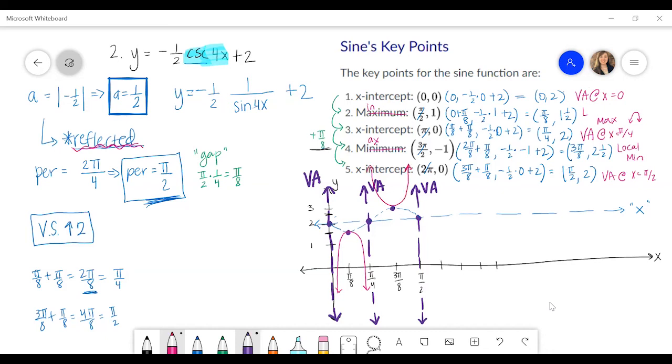Now, if we need to extend this, which we do, you just keep that same pattern. So vertical asymptote, vertical asymptote. And then we continue. So we're going to go down, back here, up, and back here.